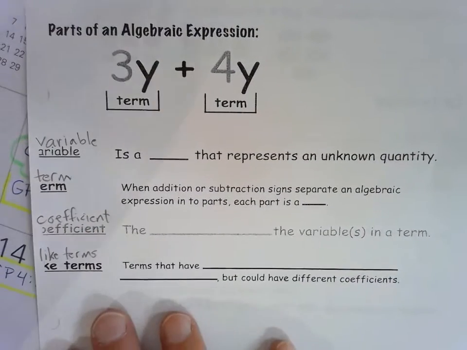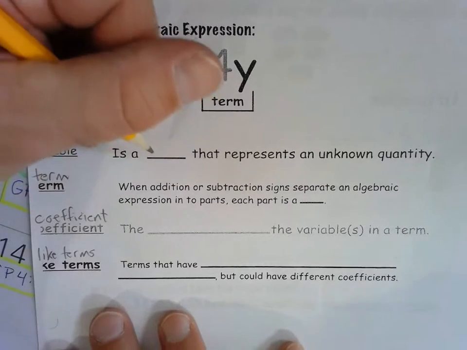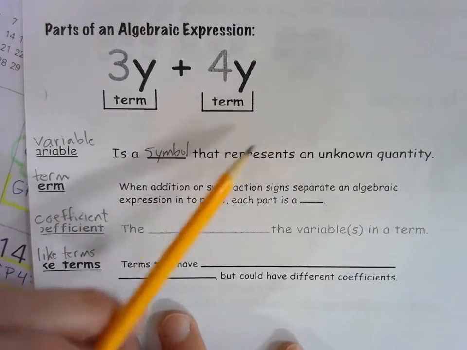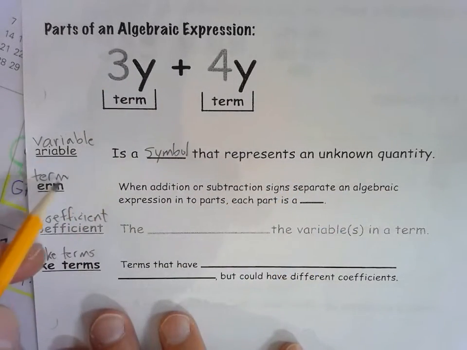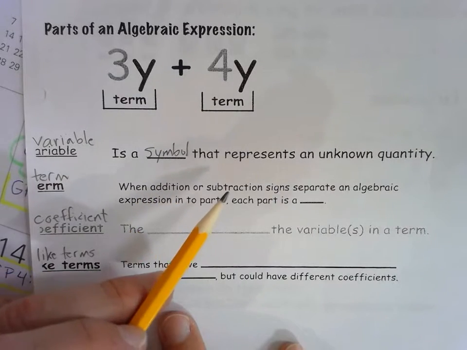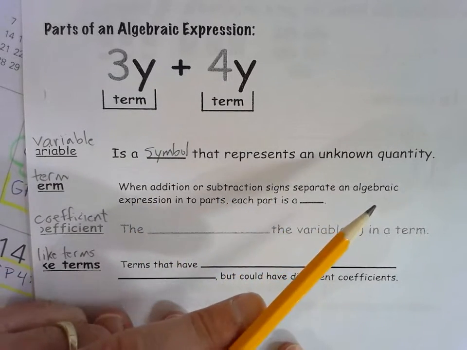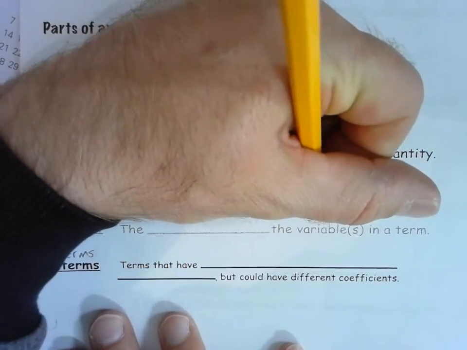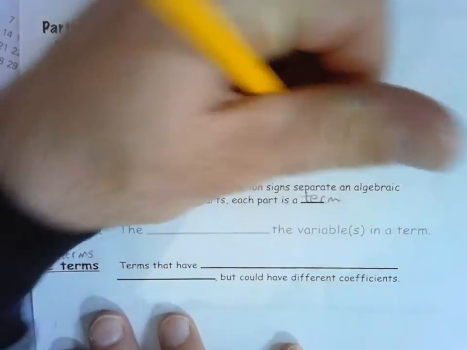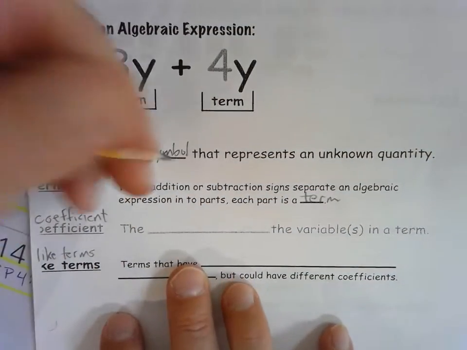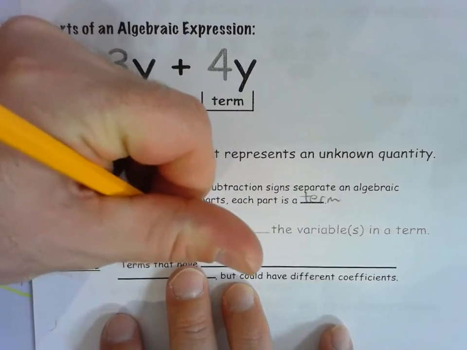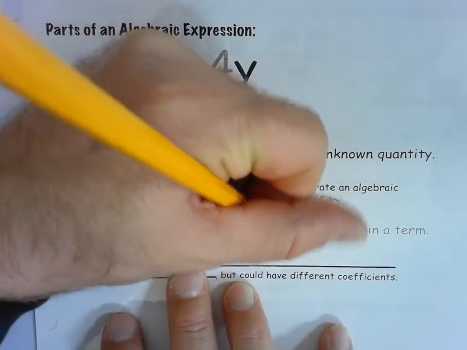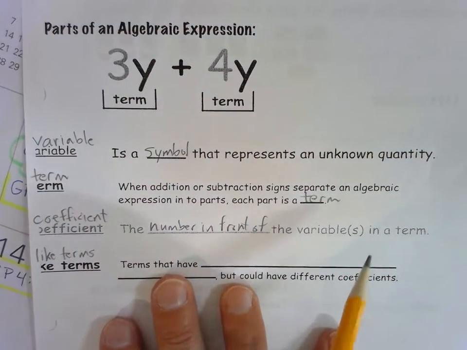Okay. So a variable is a symbol that represents an unknown quantity. A term, when addition or subtraction signs separate an algebraic expression into parts, each part is a term. Coefficient is the number in front of the variable or variables in a term.